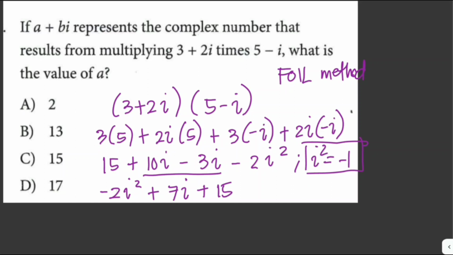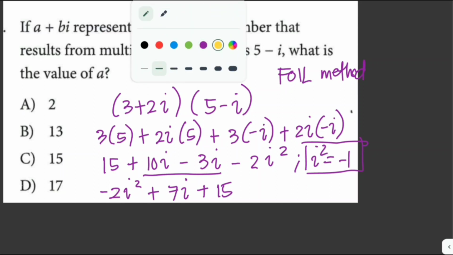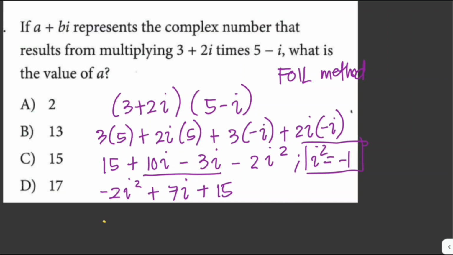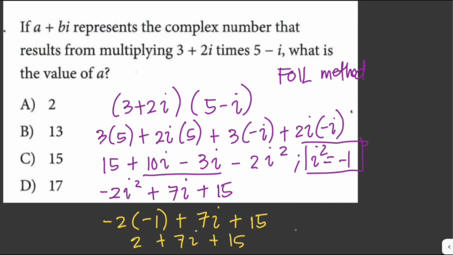Substituting the value of i squared, this is negative 2 times negative 1 plus 7i plus 15. Then this is just 2 plus 7i plus 15.